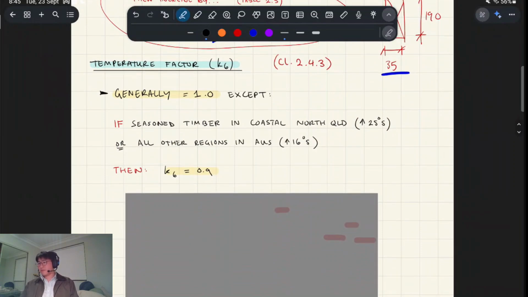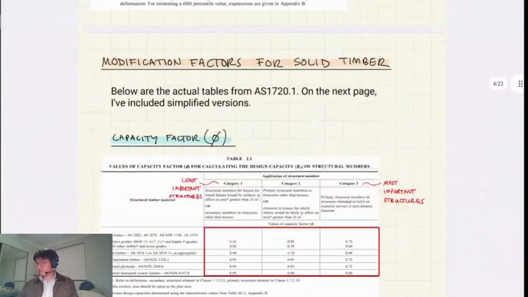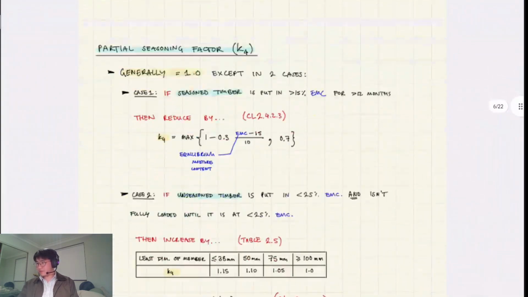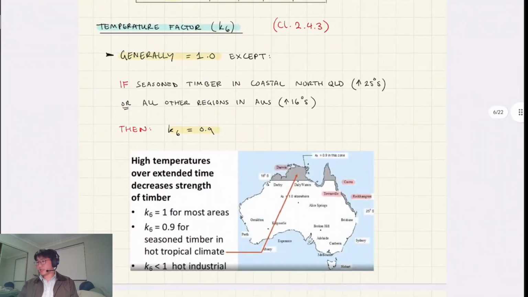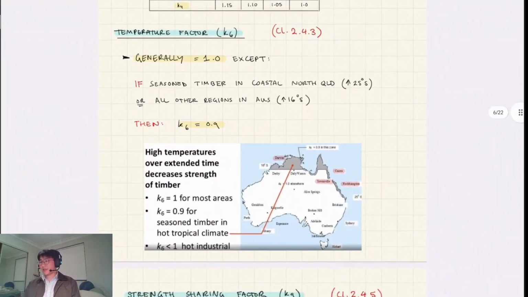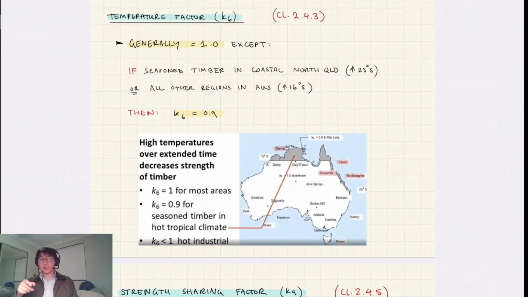Temperature factor. Here we go. The temperature factor is basically saying that in certain parts of Australia, because this is the Australian Timber Design Code, we have really hot conditions, and everything in this map that's shaded grey is a town or area in Australia for which we have to reduce our timber strength by 10%.